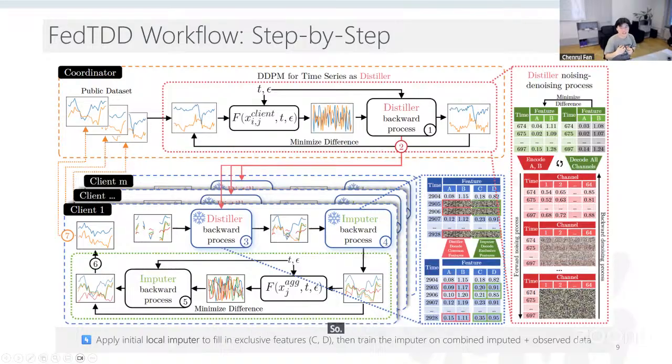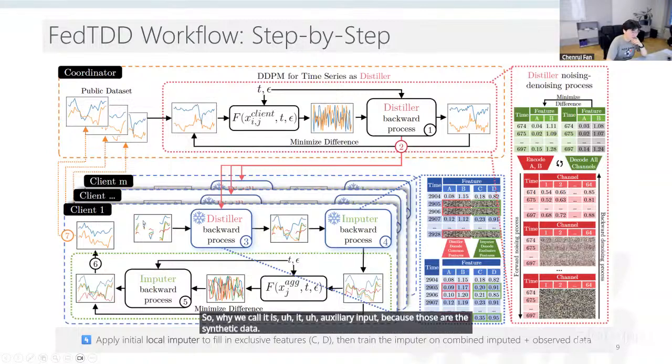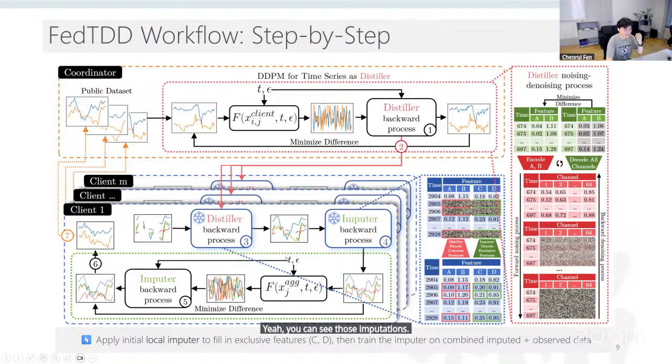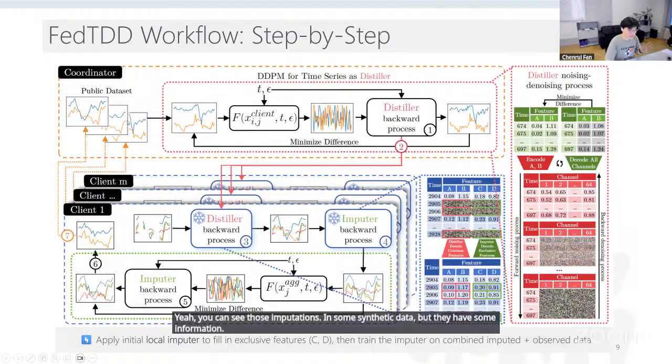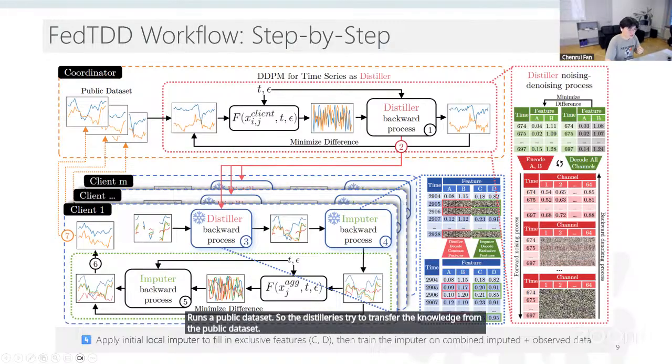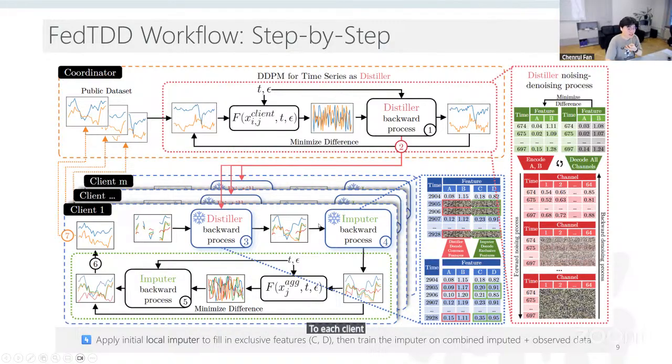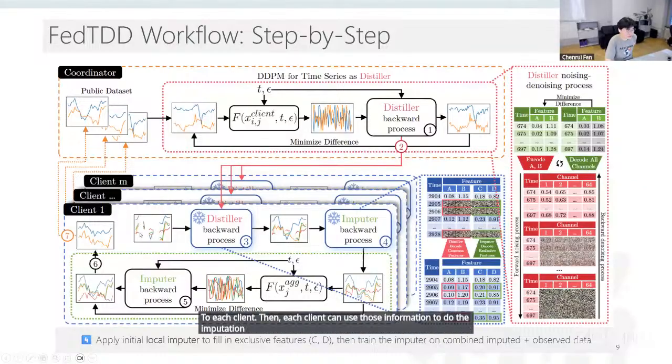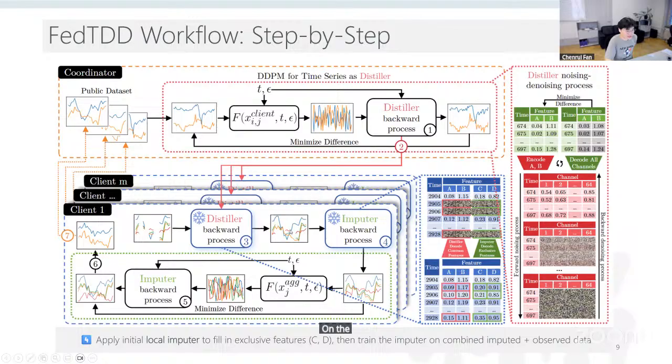So why do we call it an auxiliary input? Because those are the synthetic data. Yeah, you can see those imputations are synthetic data, but they have some information from the public dataset. So the distiller is trying to transfer the knowledge from the public dataset to each client. Then each client can use that information to do the imputation on the green and red time series.